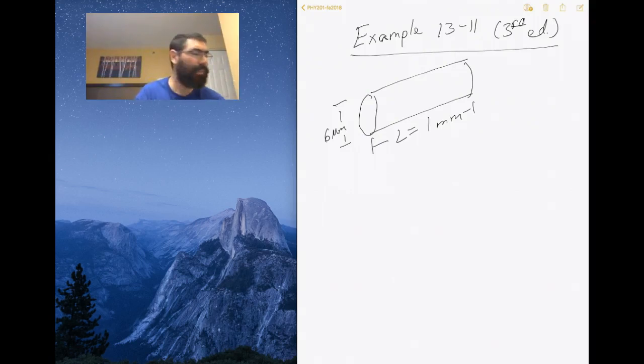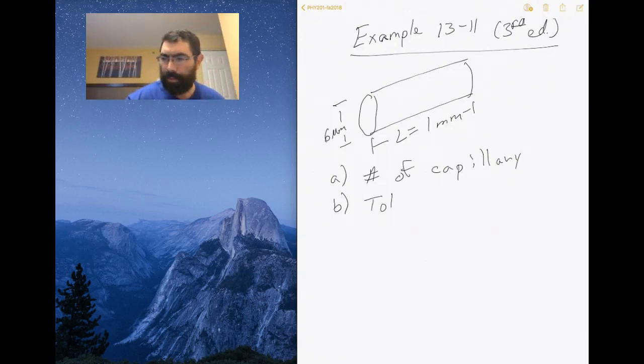And what we want to find out is two questions. A, what is the number of capillaries or blood vessels that we're trying to analyze here? And B, what is the total surface area of all of our capillaries?